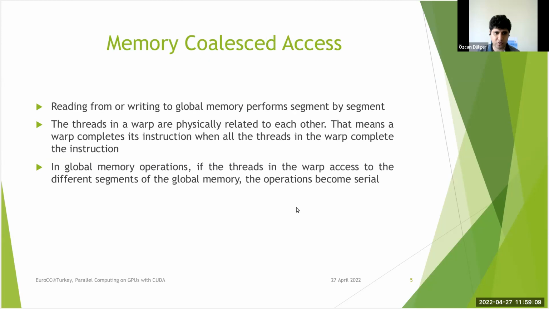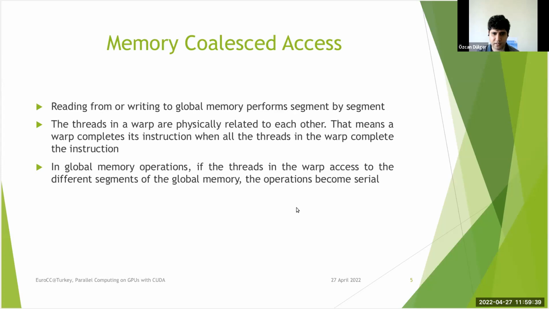So a warp completes its instruction when all the threads in the warp complete that instruction. This is important. The warps are physically related, so a warp's instruction is completed when all the threads in the warp complete it.